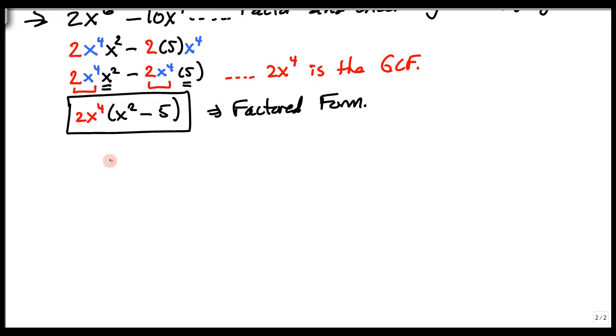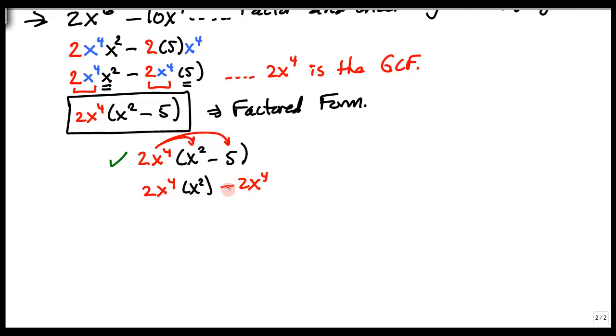Next step would be to check by multiplying. So I would take this 2x to the 4th times x squared minus 5, and I would distribute it. So I would distribute here and to the second term. So I have 2x to the 4th times x squared minus 2x to the 4th, and the minus sign comes from right here, times 5. 2x to the 4th times x squared, when you multiply like bases, you add exponents, so I'd get x to the 6th.